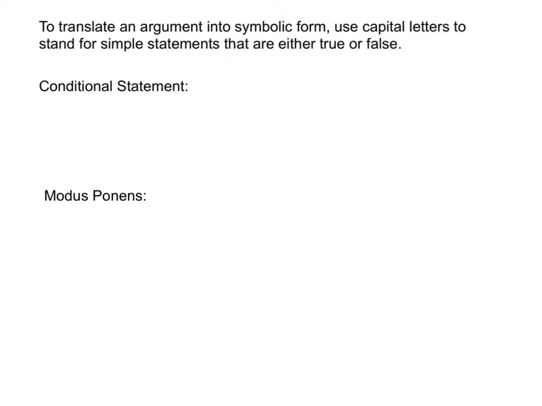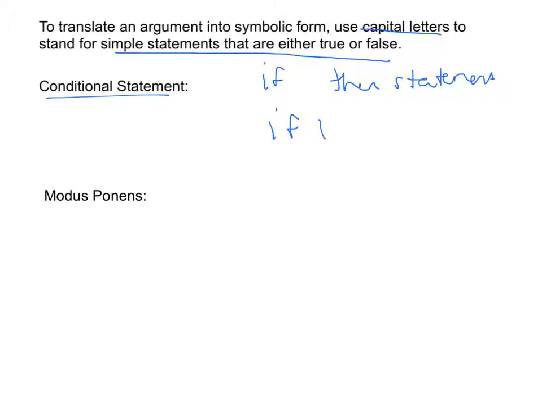So to translate an argument into symbolic form, we use capital letters to stand for simple statements that are either true or false. So for example, if I said, if it's raining outside, then I get wet when I go outside, we could translate that, so it's an if-then statement, which is what a conditional statement is, and we can translate that to if P, so P stands for it is raining outside, then Q, I get wet when I go outside.